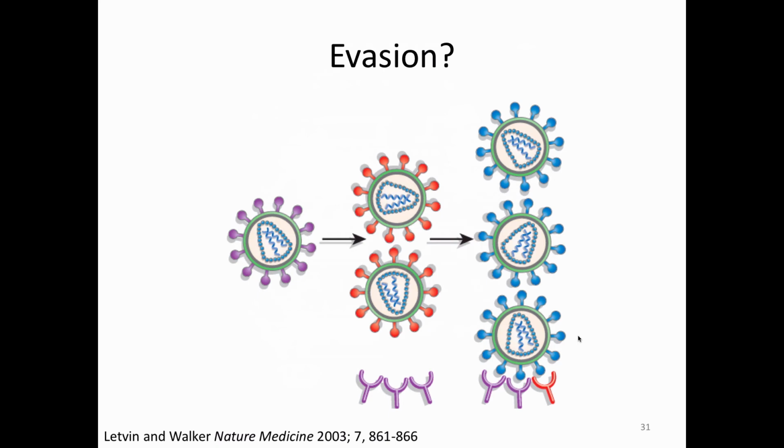But what that means is that our microbes are going to be able to mutate pretty quickly to avoid that exquisite specificity. And so here you can see our virus might be able to mutate its purple membrane protein to avoid purple antibodies, and on and on.